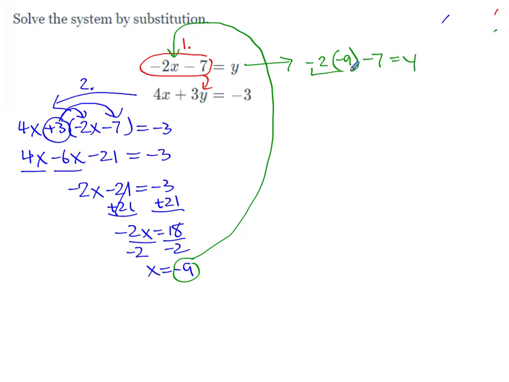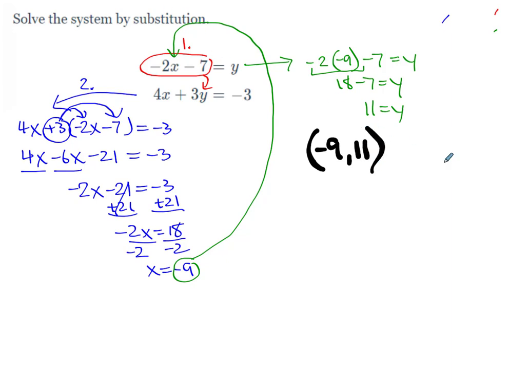We always multiply before we subtract. So negative 2 times negative 9 is 18, minus 7 is equal to y, and 18 minus 7 is 11, so y equals 11. So now we actually have our solution. X comes first, so it's negative 9 comma 11.